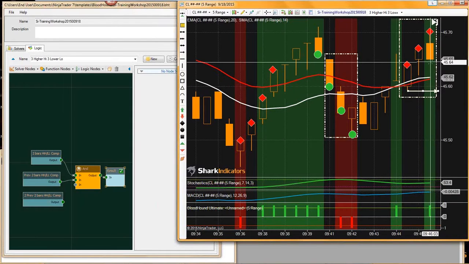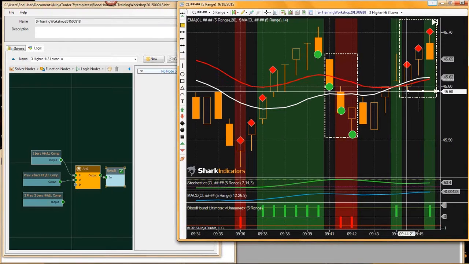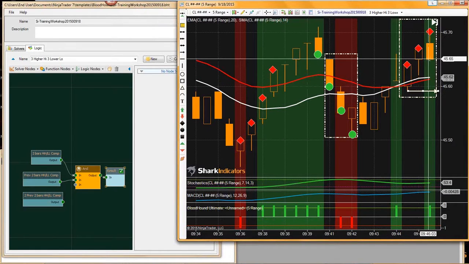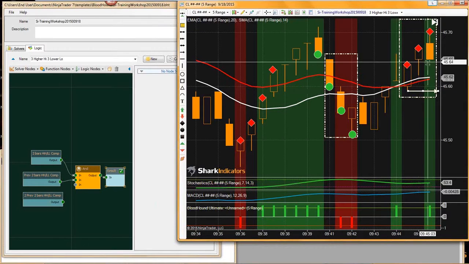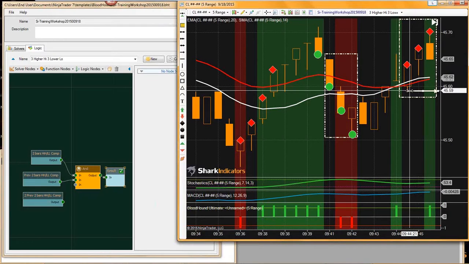Price would have broken the previous 3 lowest. Price would have crossed the lowest of the last 3 bars. So that requires an indicator to identify and, more importantly, hold on to the lowest value of the last 3 bars.